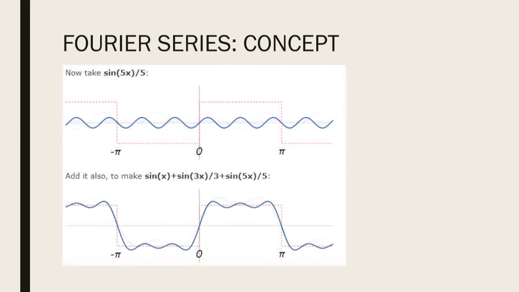However, what if we add sine 5x over 5? As you can see here, it comes nearly again as a square wave, however not very near, but it made the sine wave look more like a square wave.